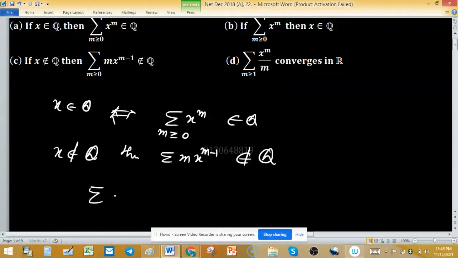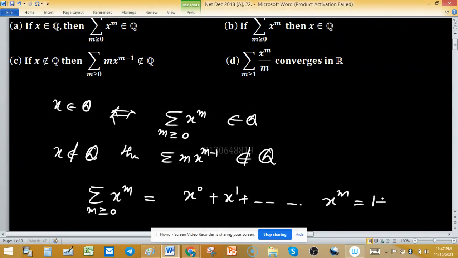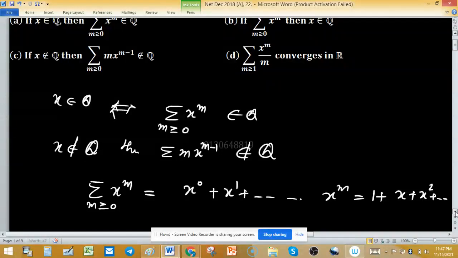Suppose summation x raised to the power m, with m greater than or equal to 0, can be expanded as x raised to the power 0 plus x raised to the power 1 plus and so on up to x raised to the power m. This is nothing but 1 plus x plus x square and so on.